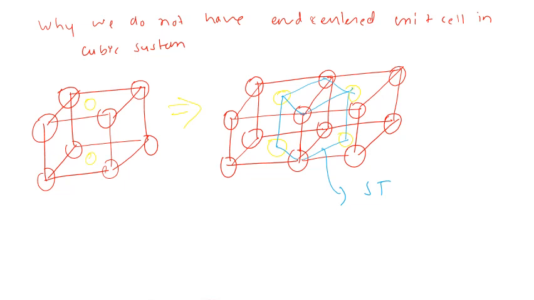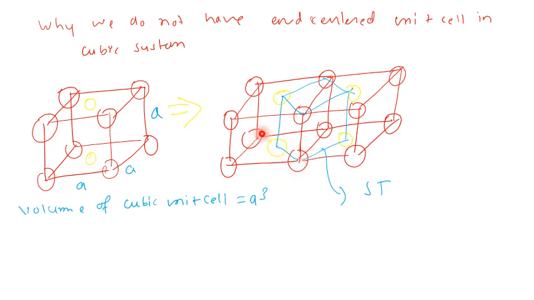Let us check the volume criteria of this unit cell. The volume of the cubic unit cell, if I take a as the lattice parameter, is a cube. Now let us find the volume of this unit cell formed from the end centered cubic unit cell.